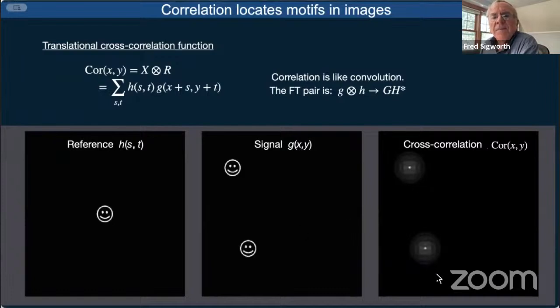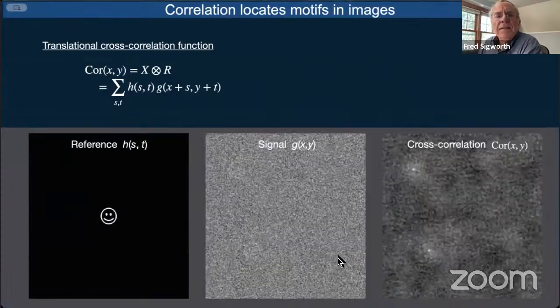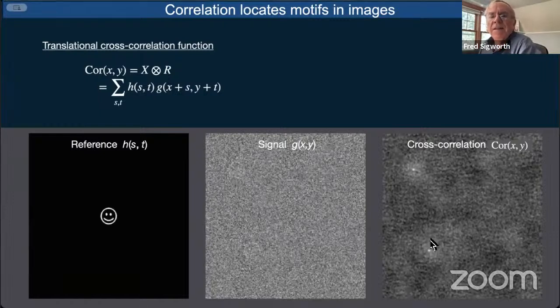If I compute this correlation, what I get is two really beautiful peaks, which represent the locations of the original object. And the reason this is interesting is it still works when the signal to noise ratio is horrible. So here's the same problem, but here you can hardly see the smiley faces in the signal, but we get clear cross correlation peaks.